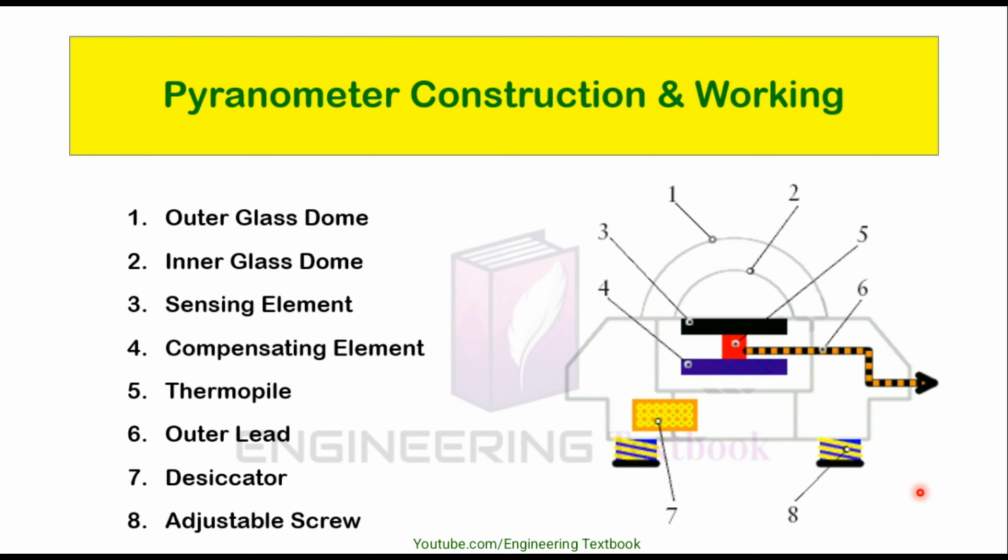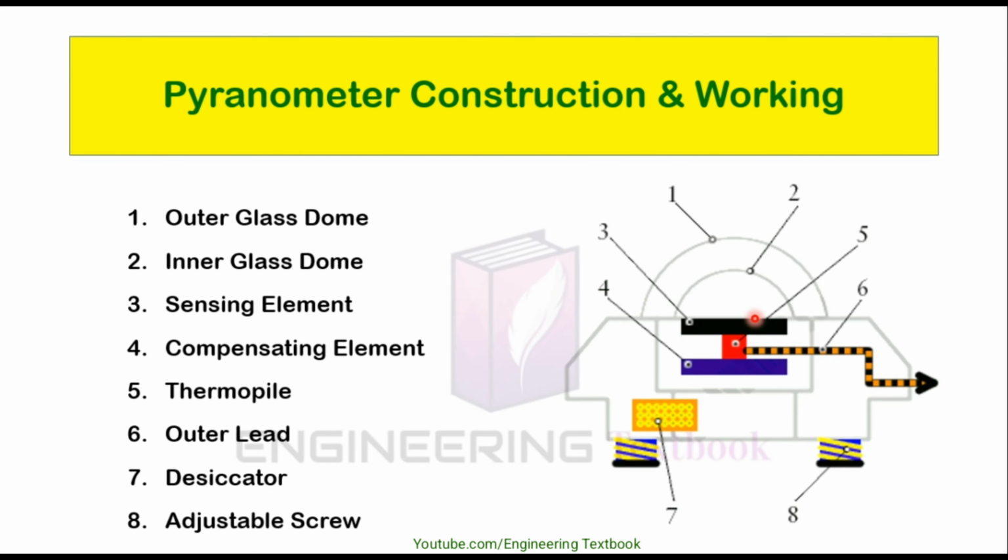So let's see the working of the pyranometer. The pyranometer is kept exposed to the sun and it starts receiving the radiation. The outer and the inner glass dome absorb the radiation and direct it to the sensing and compensating elements. Due to absorption of radiation, the surface temperature of the element starts increasing.